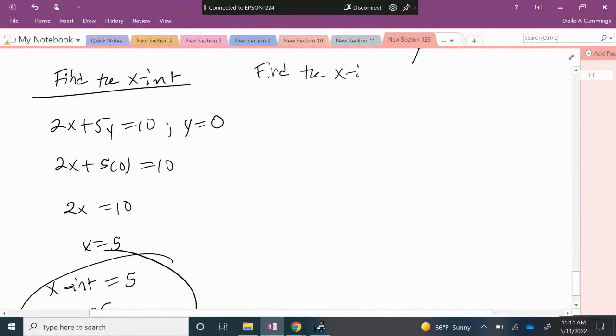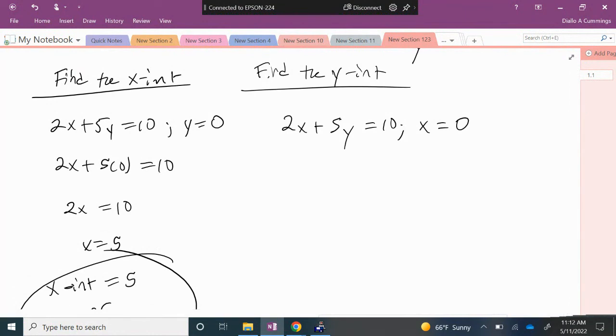So now we're going to find the y-intercept. In order to find the y-intercept, we're going to let x equal 0.